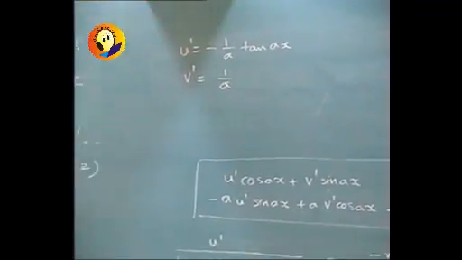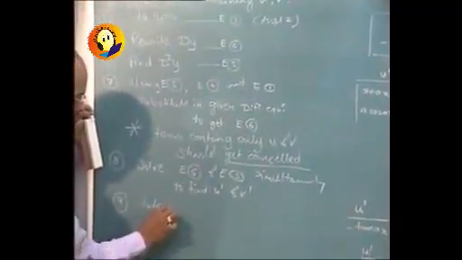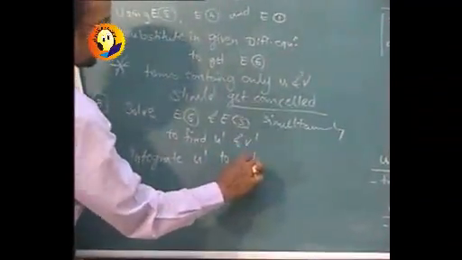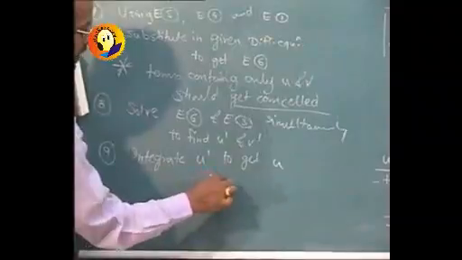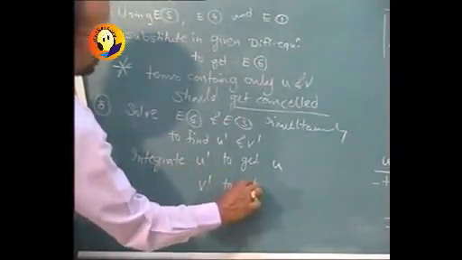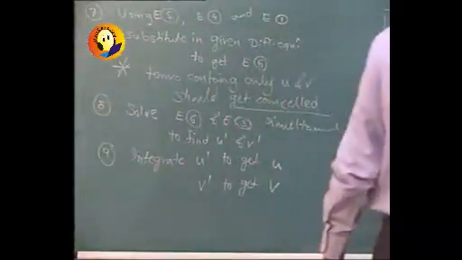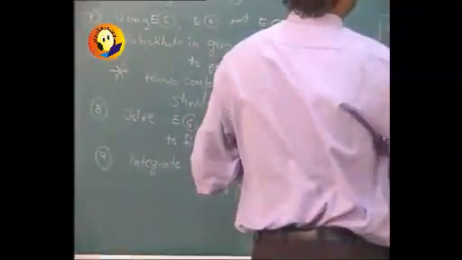Next step says that integrate u dash to get u and v dash to get v. So we are required to integrate u dash and v dash independently.